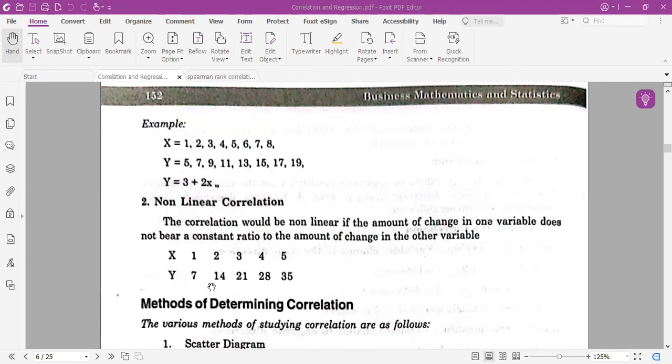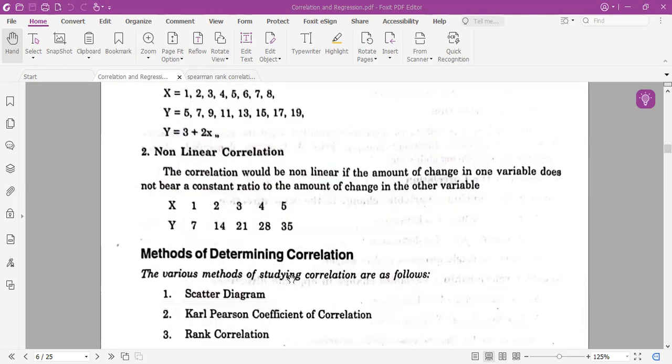Non-linear correlation: here the amount of change in one variable doesn't bear a constant ratio. For example, x is 1, 2, 3, 4, 5 and y is 7, 14, 21, 28, 35. Here you can see that y is increasing in the ratio of 1 to 7 actually.